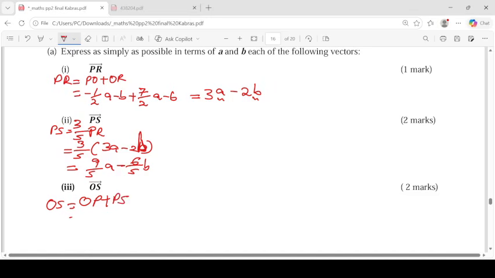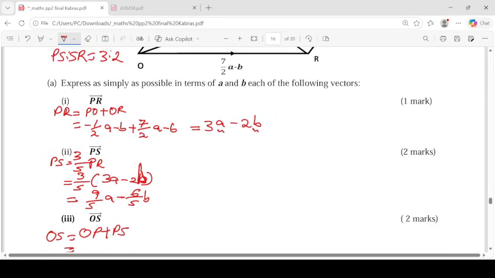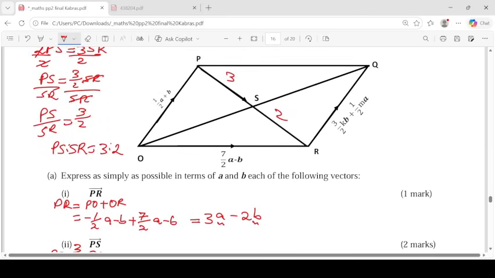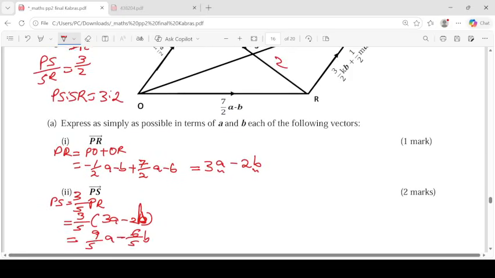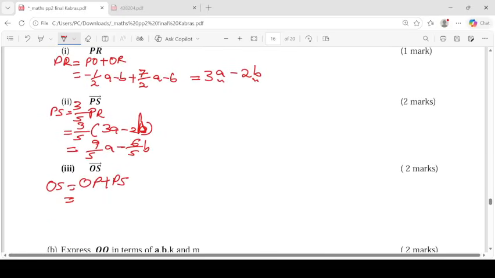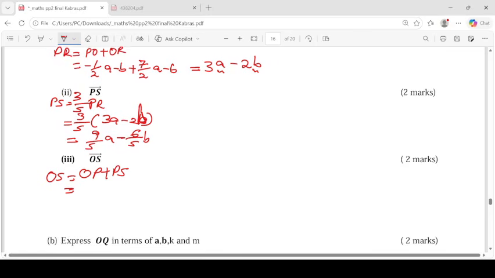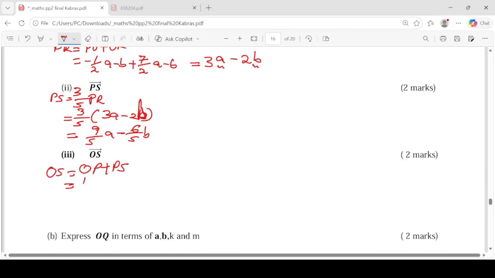Our OP is a half A plus B. So I'll have A plus B, that is OP, plus PS, which I've found is 9 over 5A minus 6 over 5 of B.